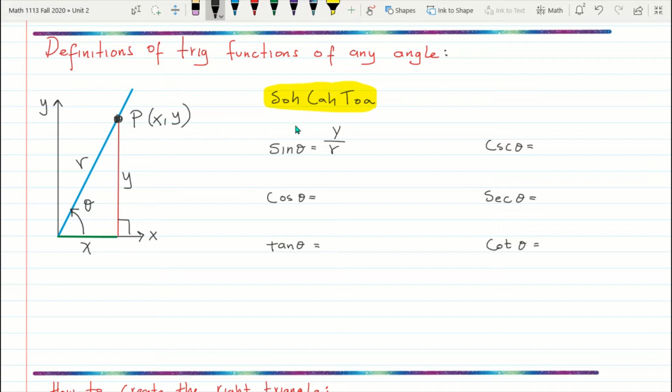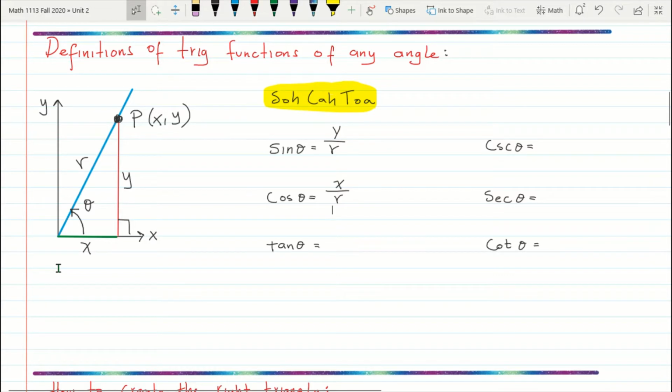Cosine is adjacent over hypotenuse. So the adjacent side is x, and the hypotenuse, or the radius of the circle, is r. And remember, I'm using this as my point of view. I am looking out and considering this the opposite. This is the hypotenuse, or the radius, and this is the adjacent side to the angle theta that I'm looking at.